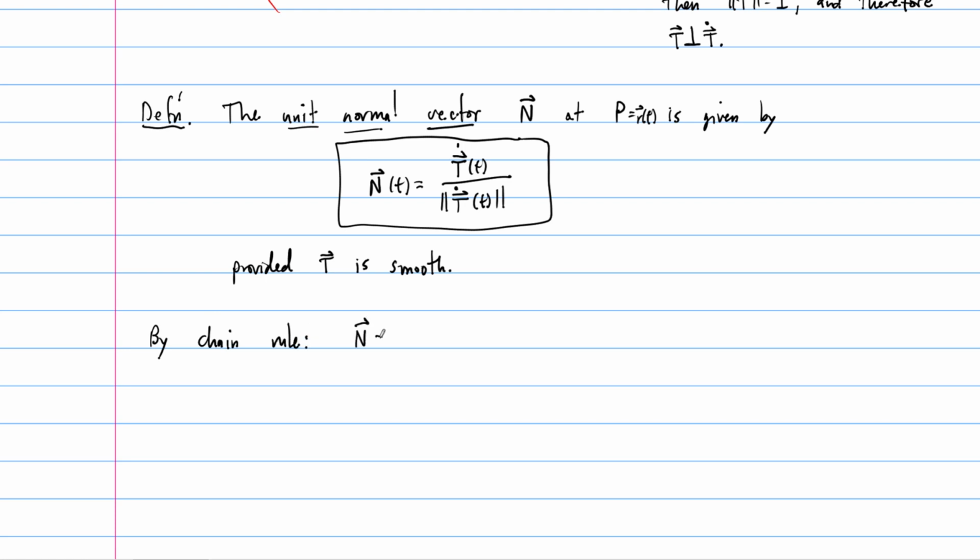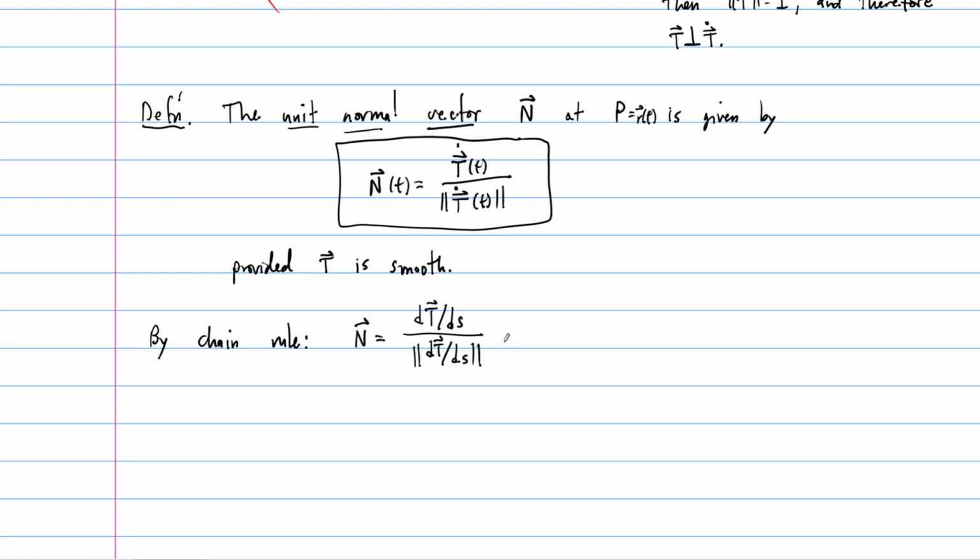But by the chain rule, N is going to be equal to, instead of this with a dot, we can make it with respect to s, right? So we can write this as dT/ds divided by the length of dT/ds. Just swap out the dots for chain rule again, just like we did before. But look at this. On the bottom, what is that? That is the curvature, right?